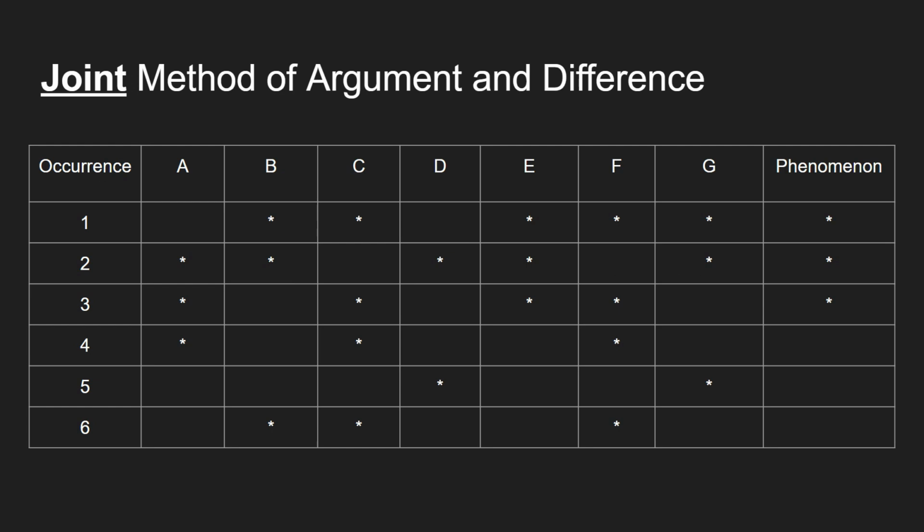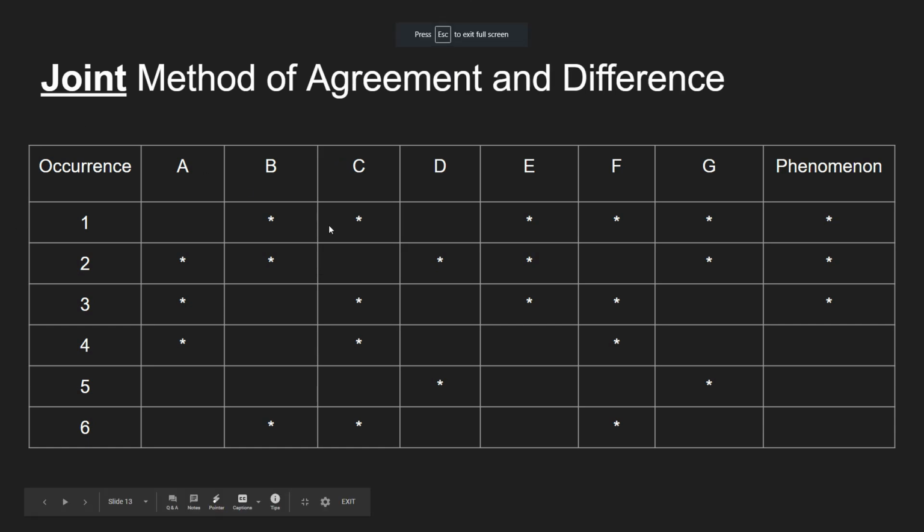Okay, so now we come on to the joint method of agreement and difference. And now the textbook says about this one that this consists of a systematic effort to identify a single condition that is present in two or more occurrences in which the phenomena in question is present, and that is absent from two or more occurrences in which the phenomena is absent, but never present when the phenomena is absent, nor absent when the phenomena is present.